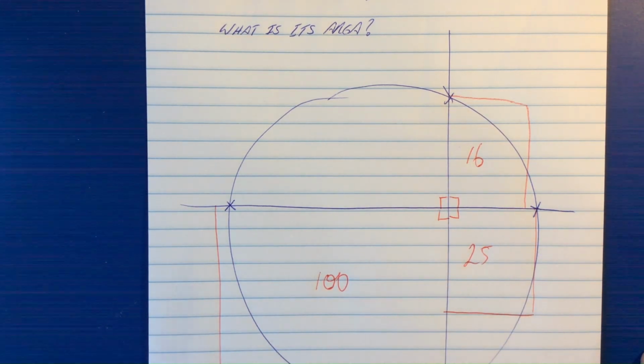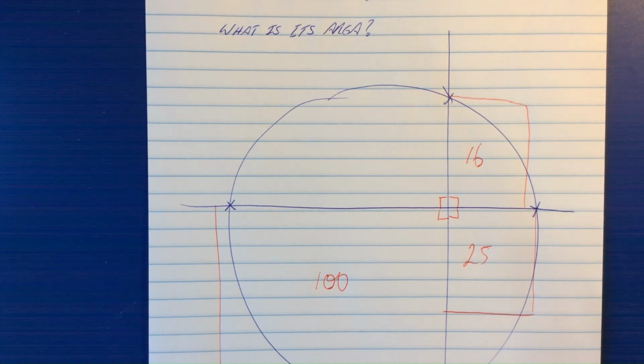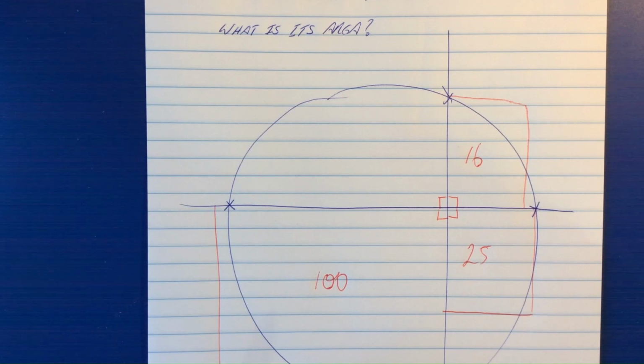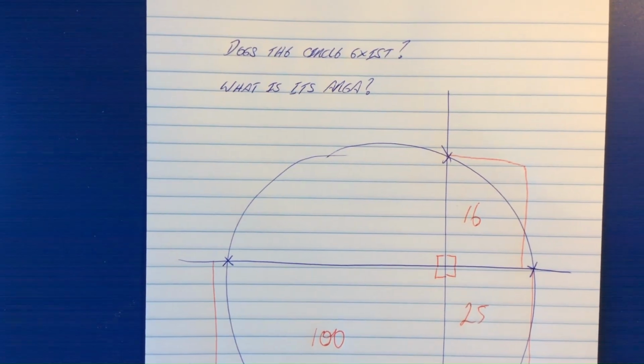Now this is badly drawn, but again, if you look at the header for the video, you'll see a well executed version of this. But this is all we need to figure out the area of the circle. So why the first question?